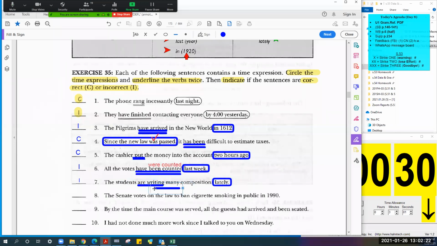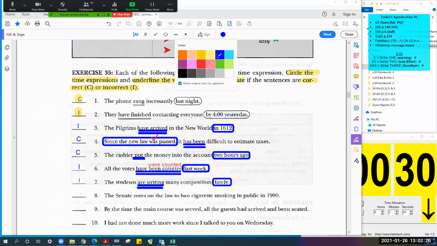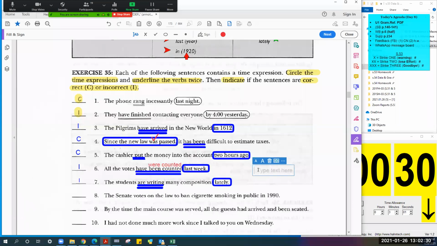And how do I fix that one though? Do you know? We want present perfect, right? Have written. Yeah, you could say that. That's possible.